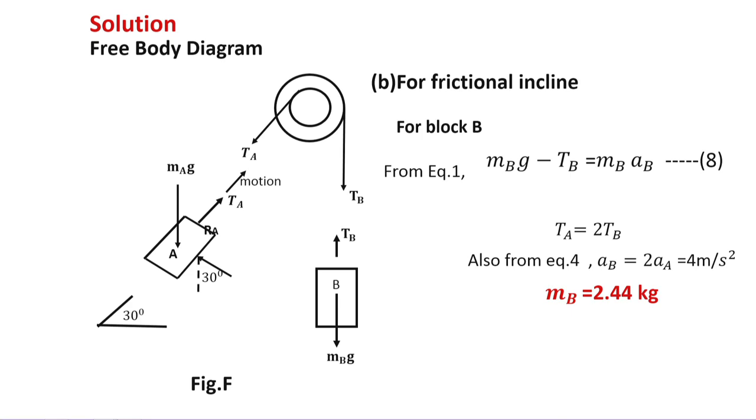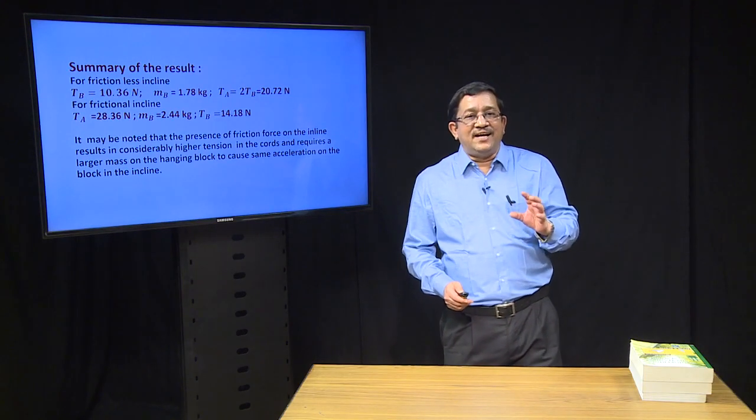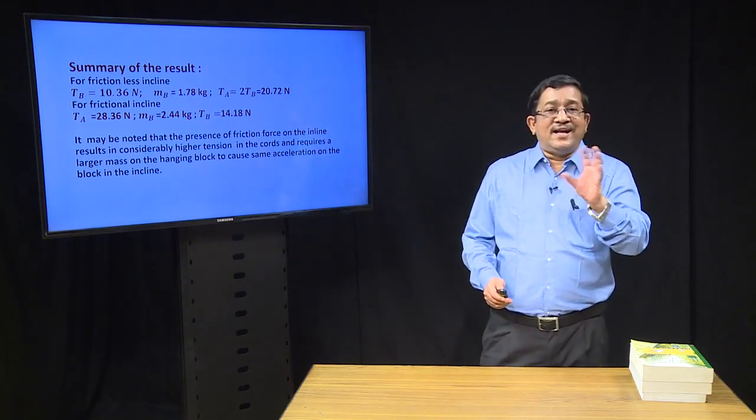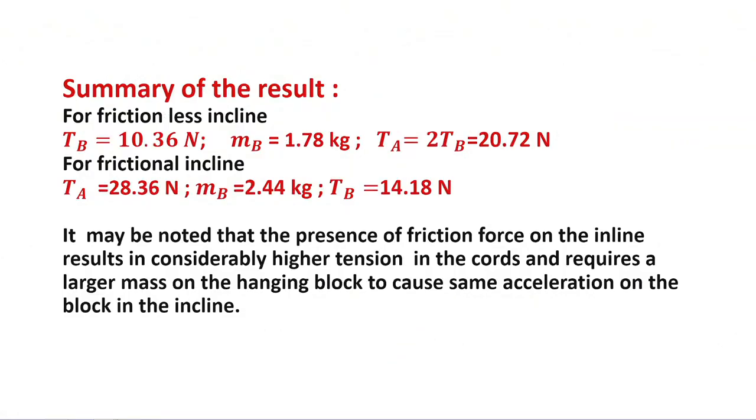Now, one of the most important things is the summary of the result. For the frictionless incline, Tb is equal to 10.36 Newton, mb is 1.78 kg and Ta is equal to twice Tb, 20.72 Newton. But for the frictional incline, Ta is increased: Ta is 28.36 Newton, mb is 2.44 kg and Tb is 14.18 Newton.